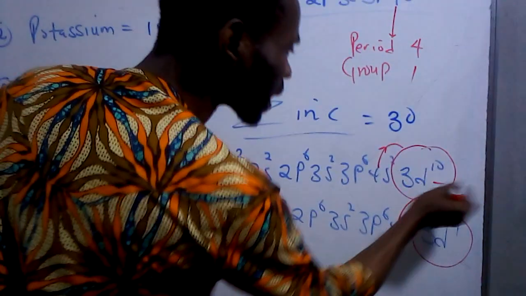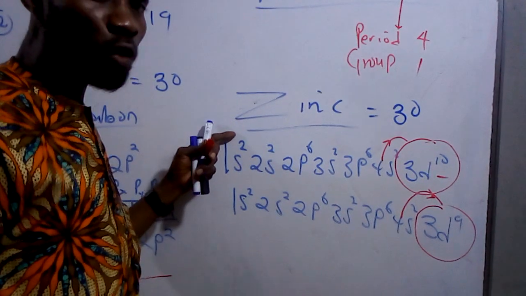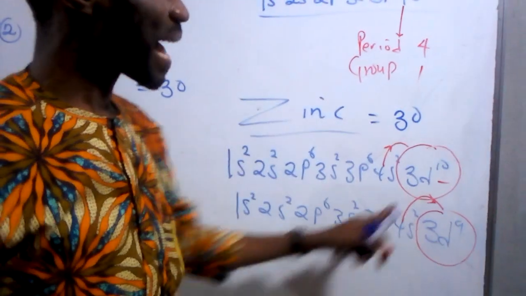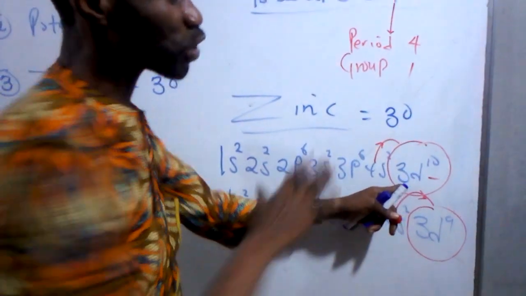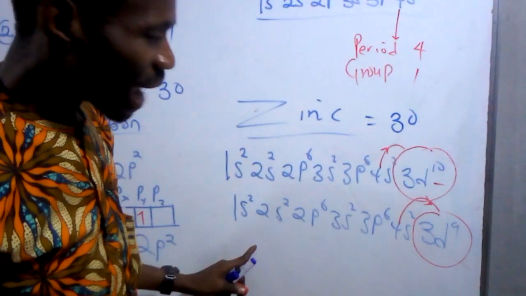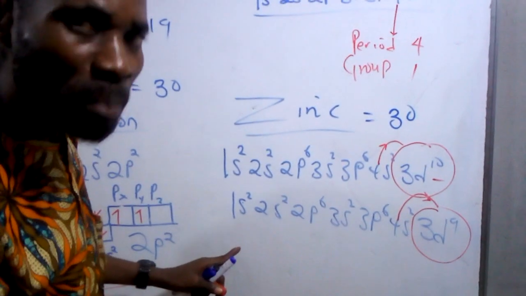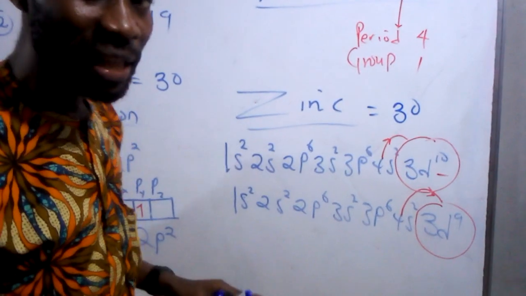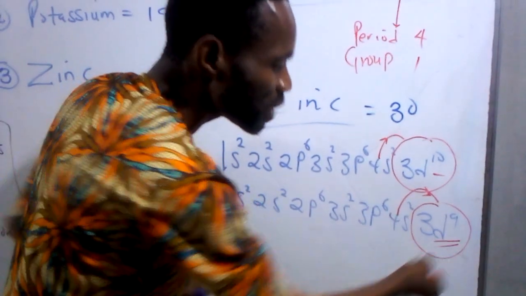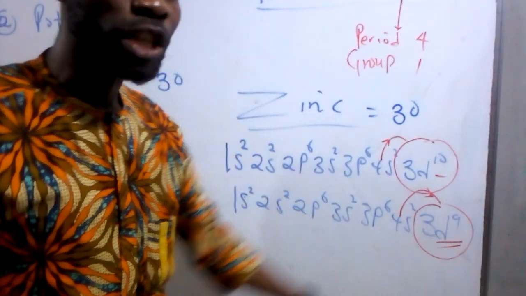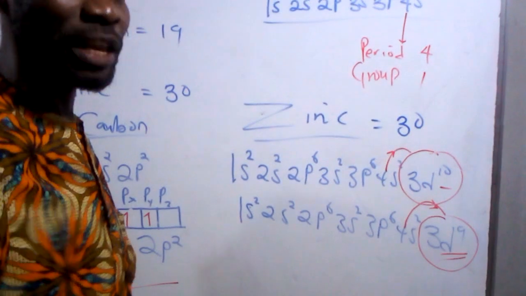So zinc, a transition metal, is colorless in solution because the 3d is completely filled. However, copper, chromium, and other transition metals, because of their partially filled 3d orbital, show color in solution.